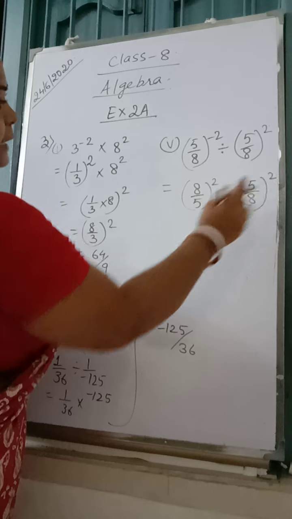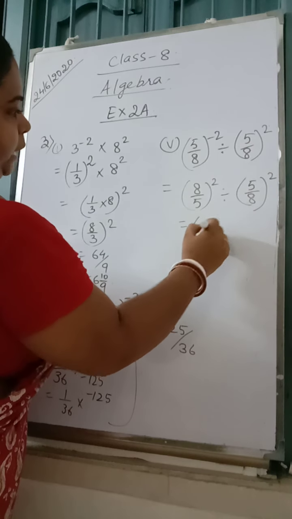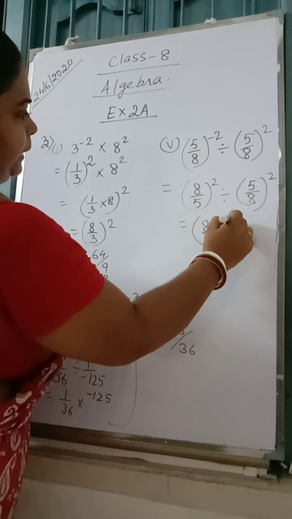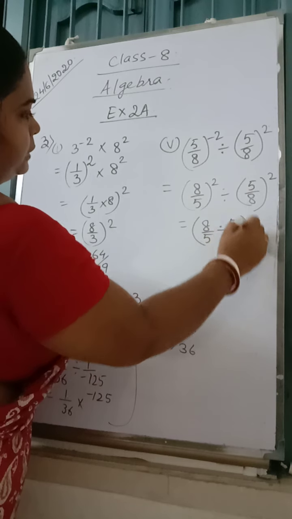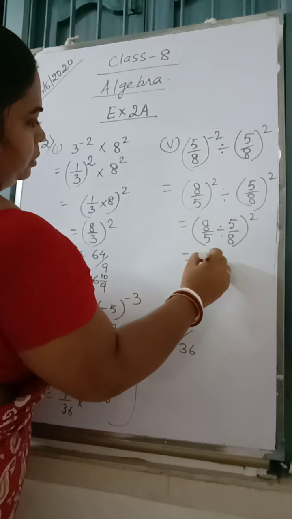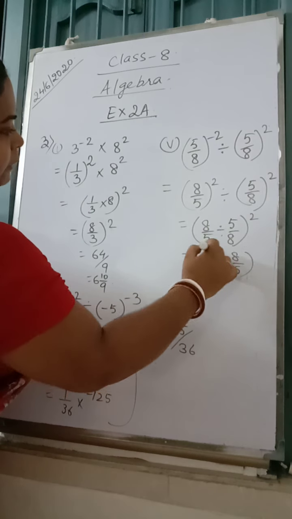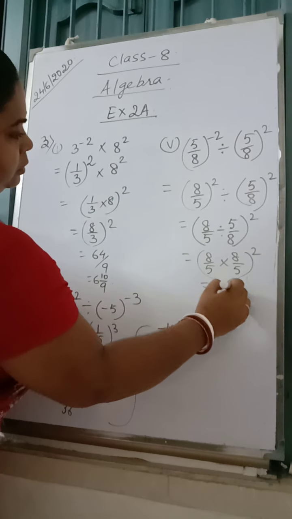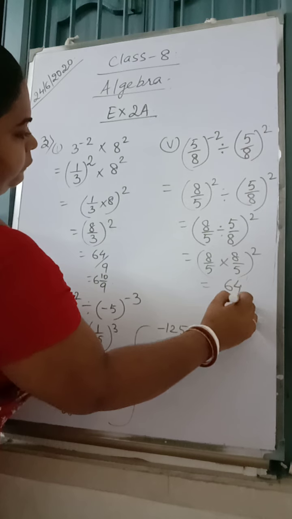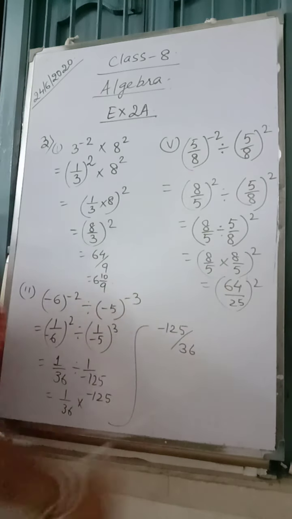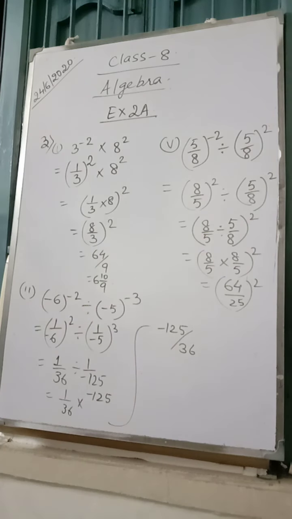Now again the indexes are same. We can write it together. 8 by 5 divided by 5 by 8 to the power 2, or 8 by 5 into 8 by 5, or it gives you 64 by 25 whole square. You leave it here only.